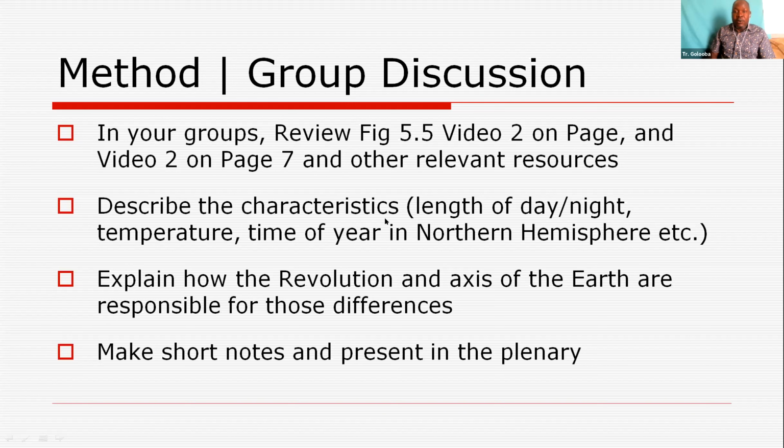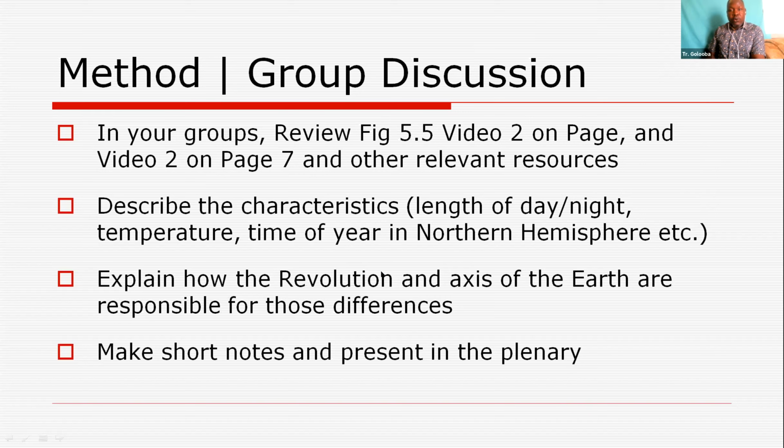Where are the questions that you're supposed to discuss? Let me share them again so that you see them. Here are the questions. Review those videos, describe the characteristics at different times, explain how the revolution and axis of the Earth are responsible for the differences, make short notes and present.